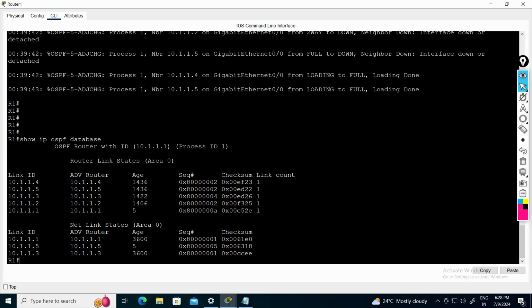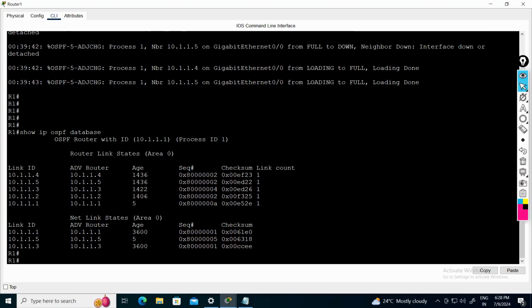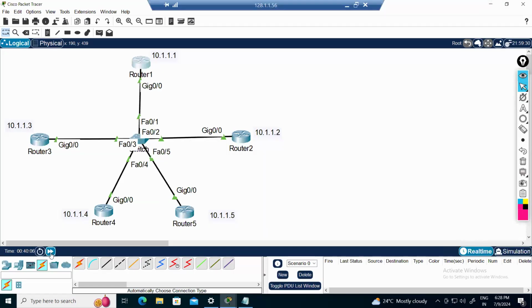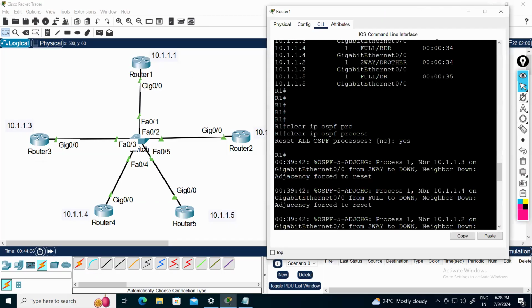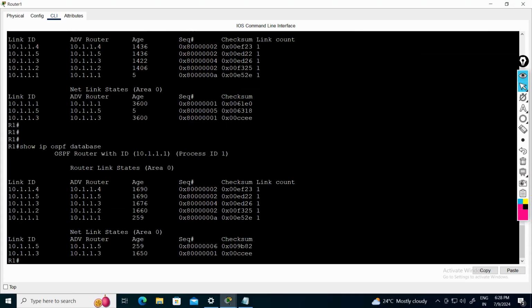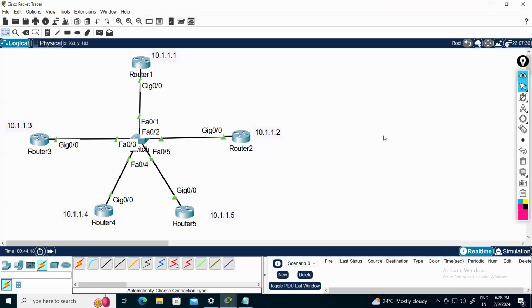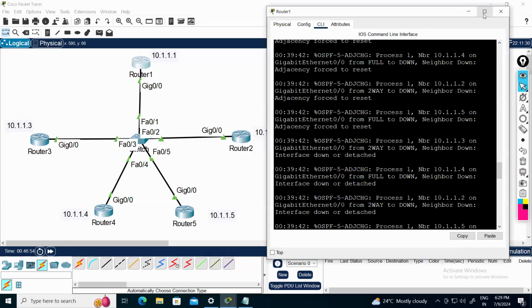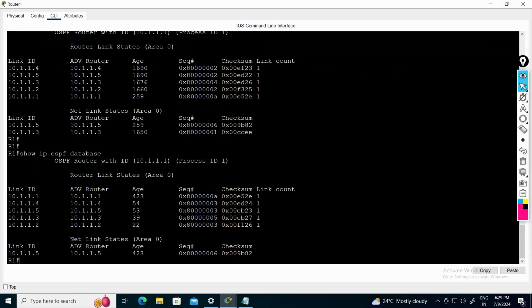See? It is considering itself as a DR. Let's fast forward so that they will exchange all the information. Okay, this is different. Now it's fine. Packet Tracer sometimes will create issues.